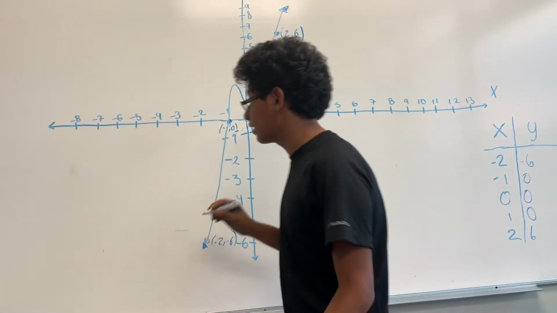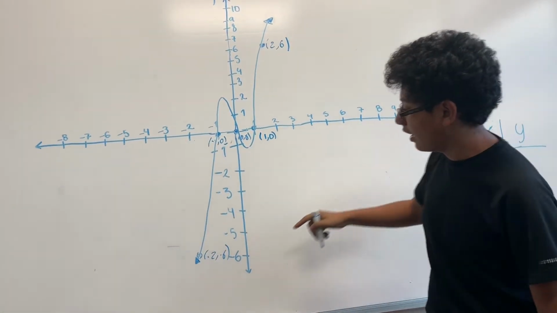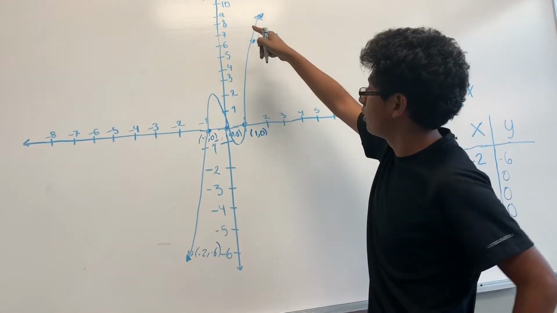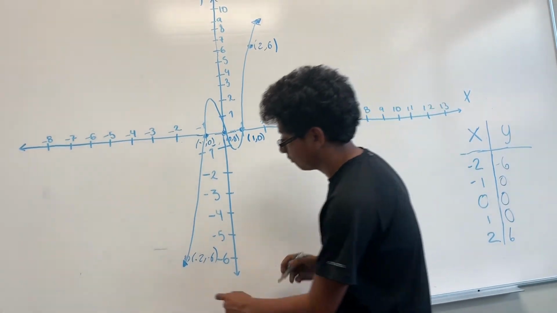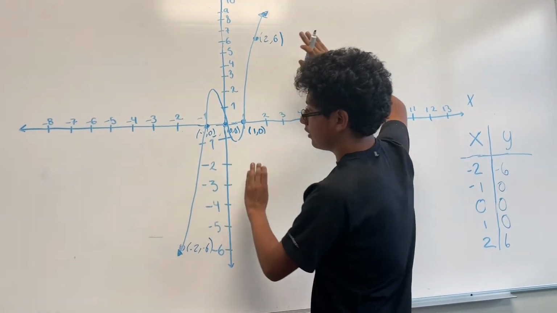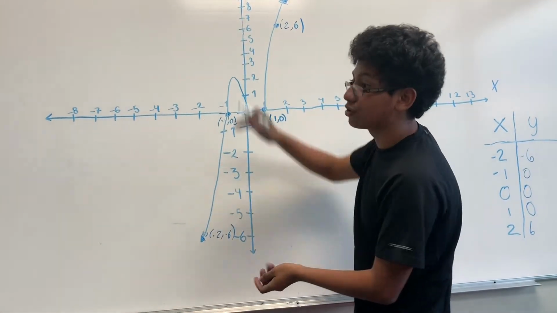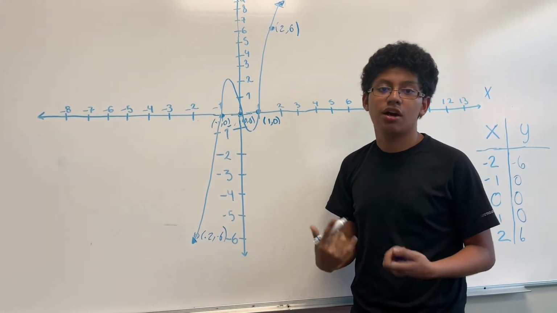We need to remember that the domain is this whole line, the x, and the range is this whole line, the y. So we can see that both lines are growing infinitely, both to the line x and to the line y. So we can say that the domain and range are infinite.